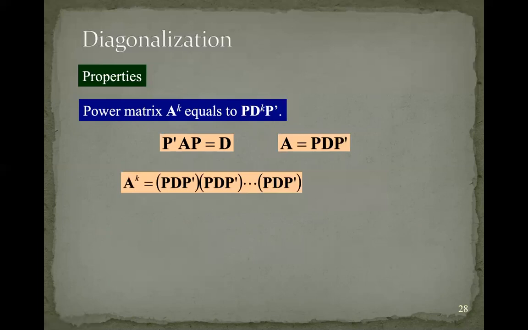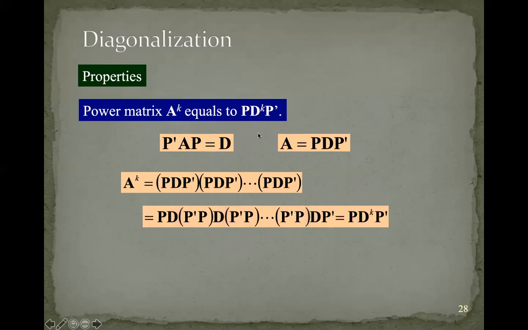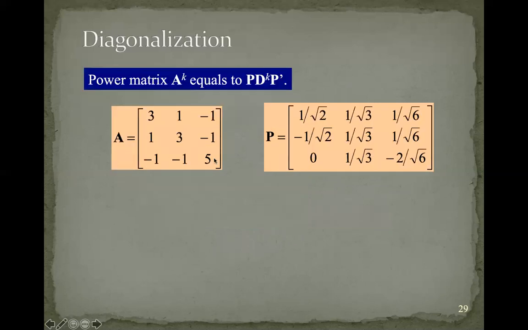Okay, now we want to look at the power of the matrix A, which equals the product of P times the diagonal lambdas to the power K, times the transpose of P. Now this is very important.